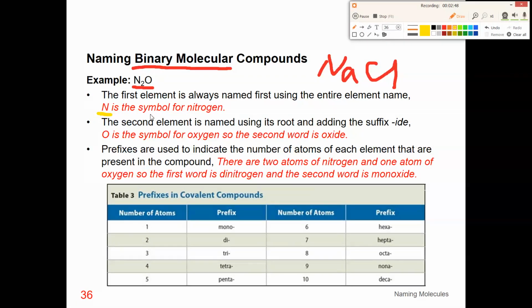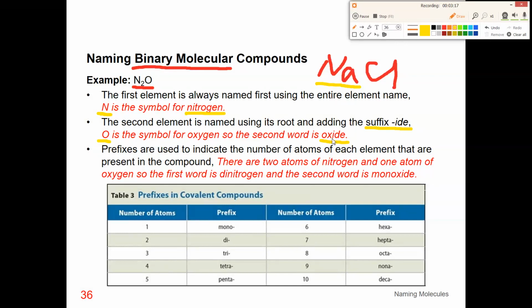For the first element, we just use the name of the element. It's similar to ionic compound. In sodium chloride, we just use sodium. In this case, just use nitrogen. For the second element, in this case oxygen, we change the ending suffix to IDE, so oxide.